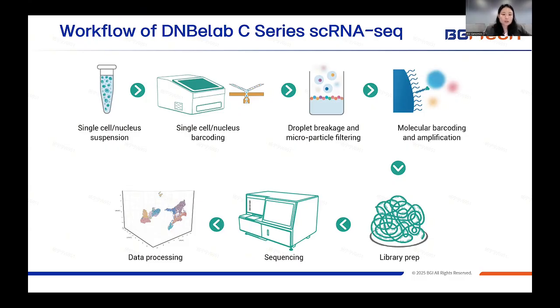Then we will use the droplet generator machine 10.4 to perform cell sorting and barcoding. After droplet breakage, molecular barcoding and amplification, we will have cDNA. This cDNA will be used for library construction, and then comes the sequencing and the data processing.